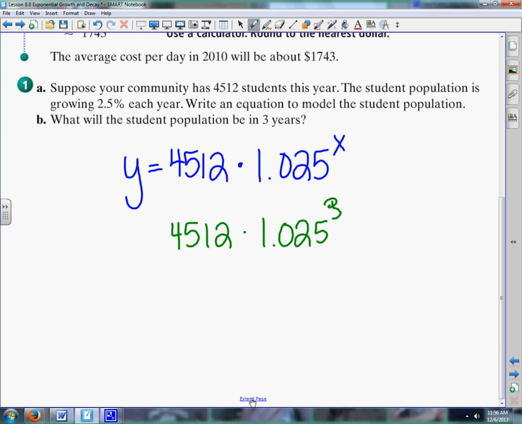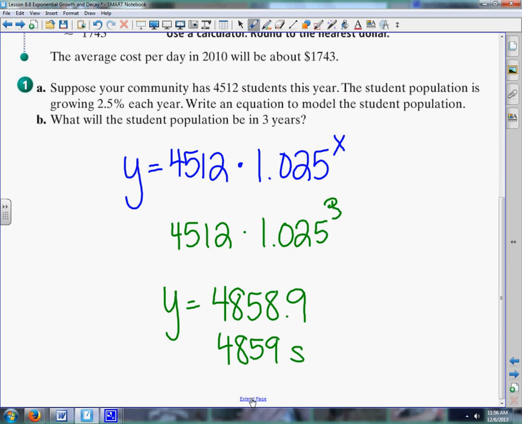So 1.025 to the third power is 1.076, and then you times it by 4,512. So my population is going to be 4,858.9, and then we always know with students you're going to round up, so it would be 4,859 students. 4,859.